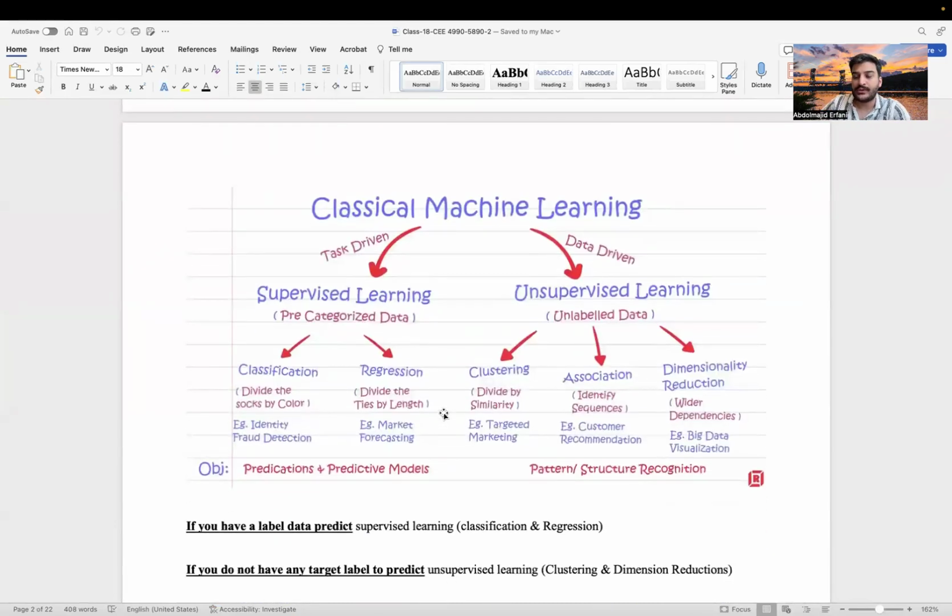So far in the course, we learned the basic and classical machine learning. The classical machine learning models we learned so far are in two major groups, supervised machine learning and unsupervised machine learning. The difference between them is that in supervised machine learning, you are dealing with labeled data.